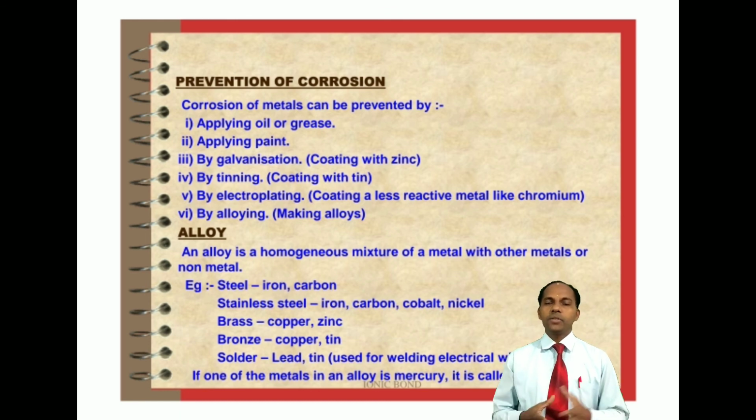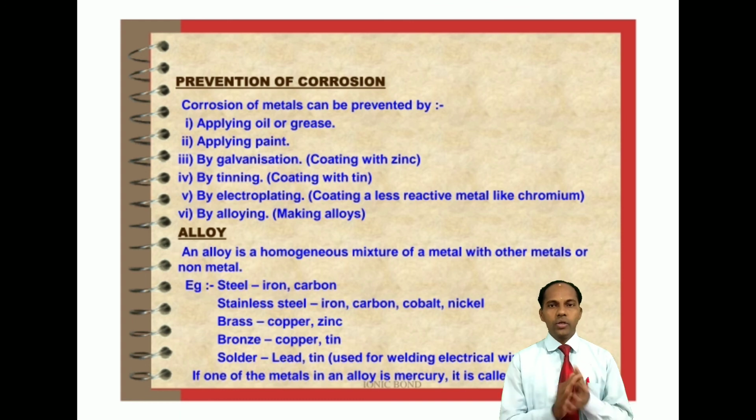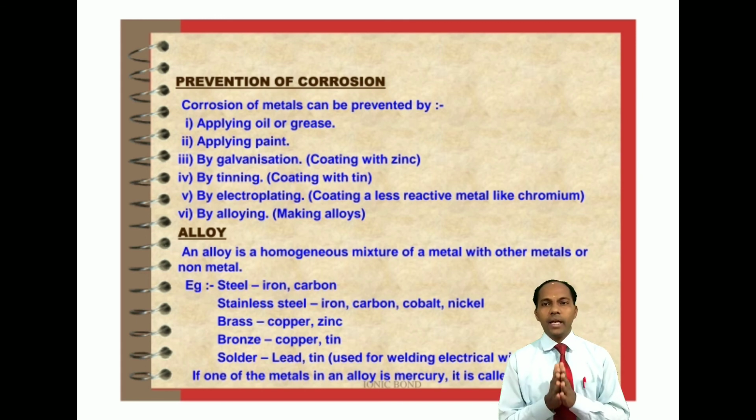Brass is a mixture of copper and zinc. Bronze is a mixture of copper and tin. And solder is a mixture of lead and tin. Soldering is used for joining electrical wires together. And if one of the metals in an alloy is mercury, that is called an amalgam.